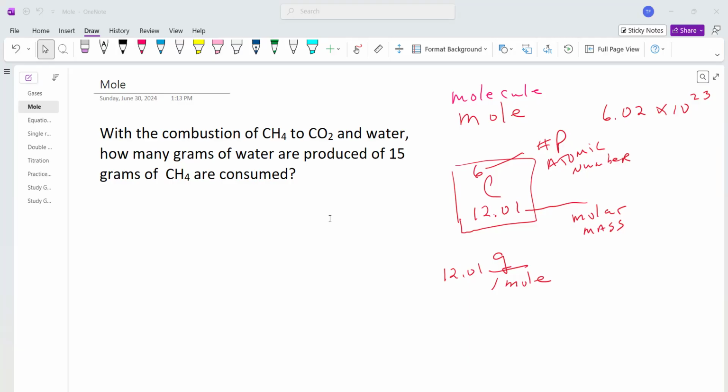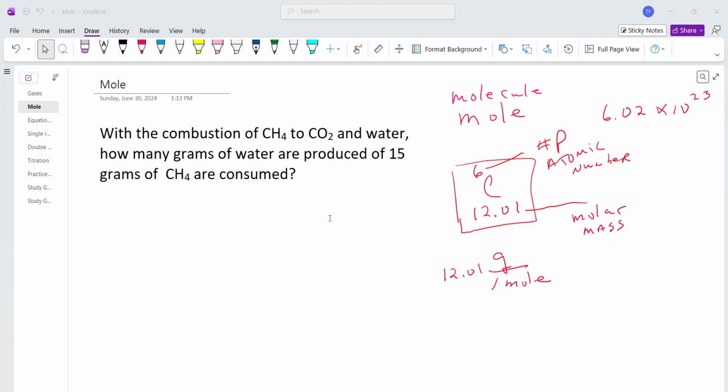If we took 6.02 times 10 to the 23rd atoms of carbon, they would weigh 12.01 grams. That's called a molar mass. 6.02 times 10 to the 23rd, that amount is called a mole.